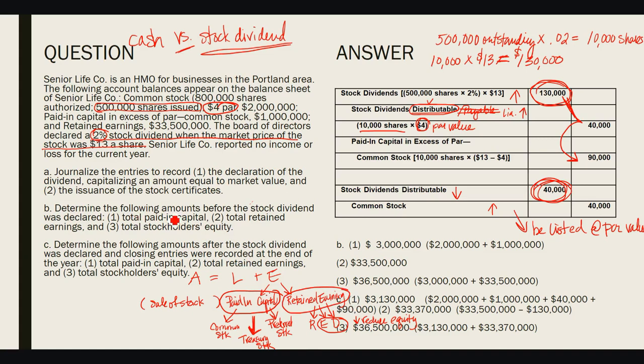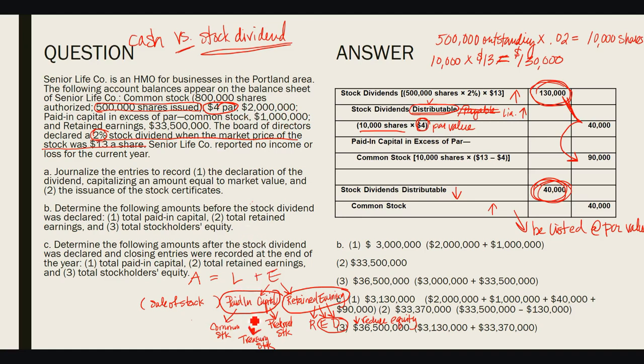So what was the total paid-in capital before we did the stock dividend? Well, that's easy enough. They tell us that we have 2 million, which represents the common stock, and then we had the paid-in capital in excess of par of 1 million.